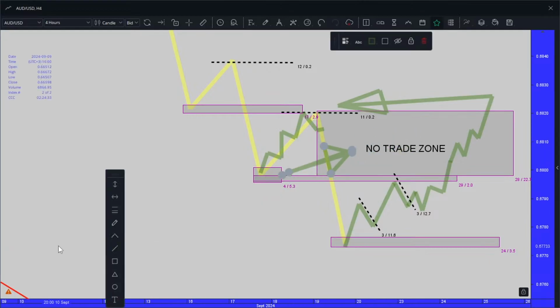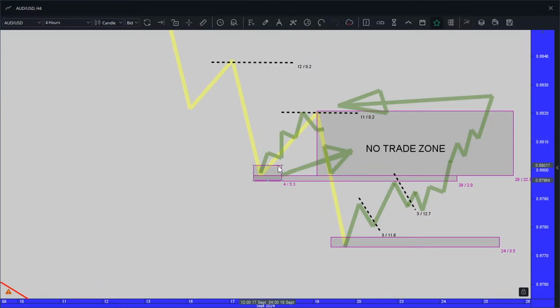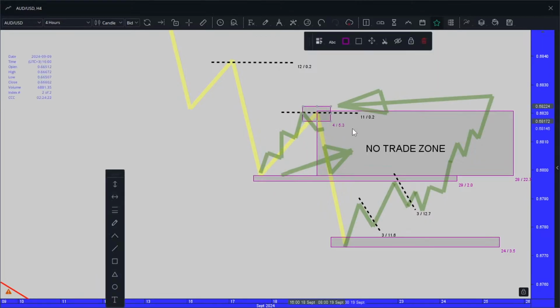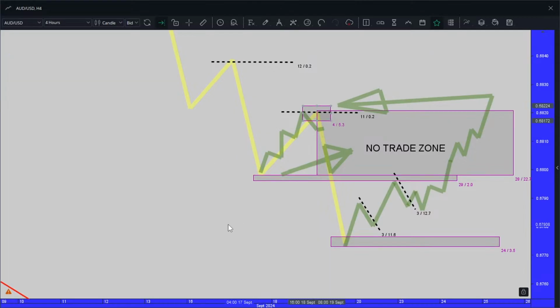Unless the market breaks on the upside and is going to break the relevant high. So it's going to break the support in a downtrend. All right, everybody?